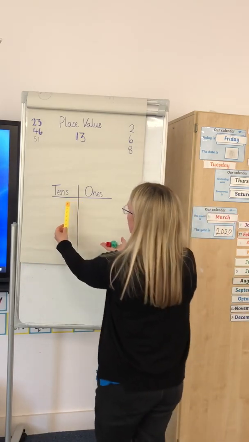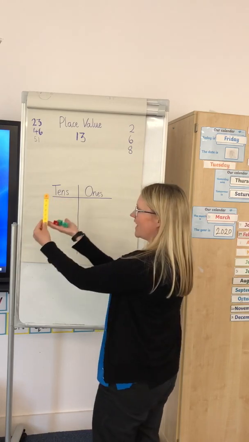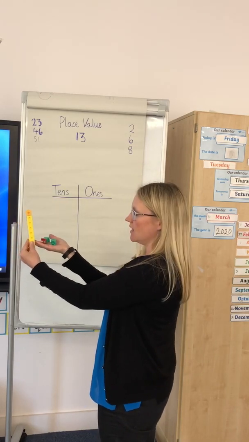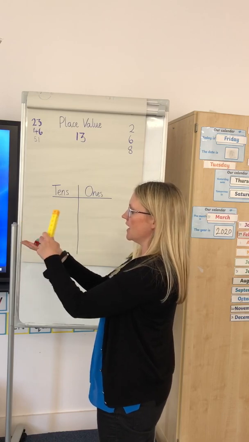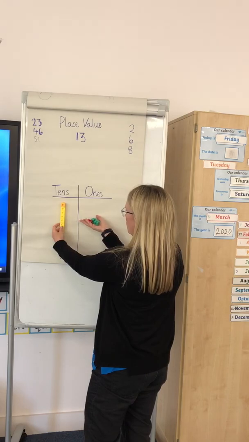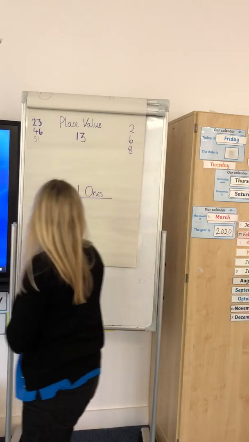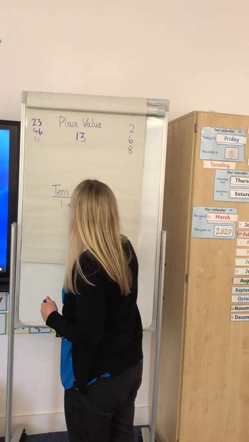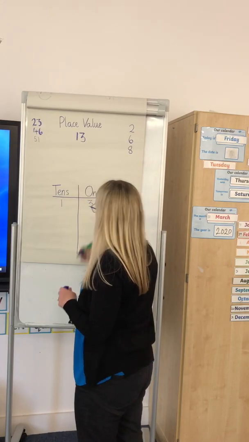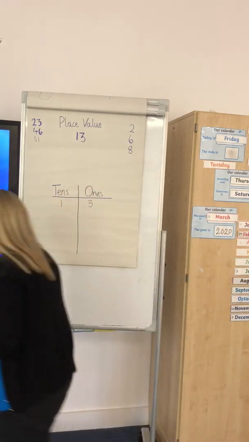So we put the 10 here and the 3 ones here, and all together that makes the number 13. If we were to count on: 10, 11, 12, 13. So 1 ten, 3 ones. So I would write 1 ten, 3 ones.